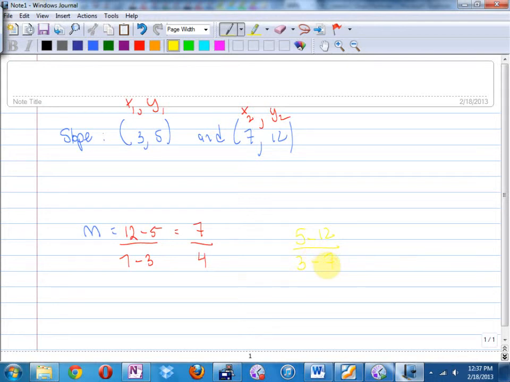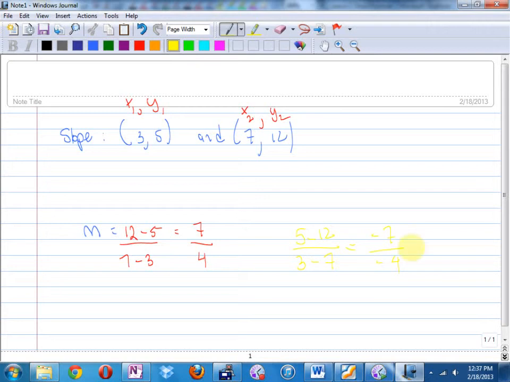If I had gone first minus second, because that's what you suggested, if I had gone initial minus final, I get -7 over -4. But what's a negative divided by a negative? I get 7/4, same answer. What I can't do is go final minus initial on the top, initial minus final on the bottom. That's a no-no.